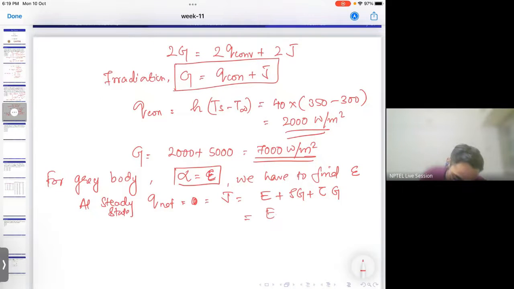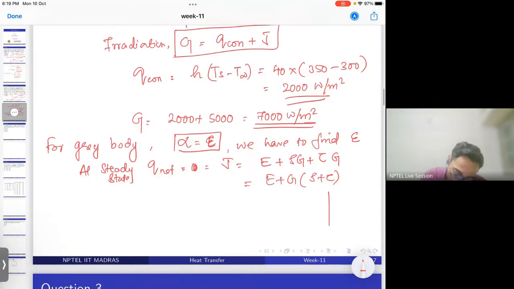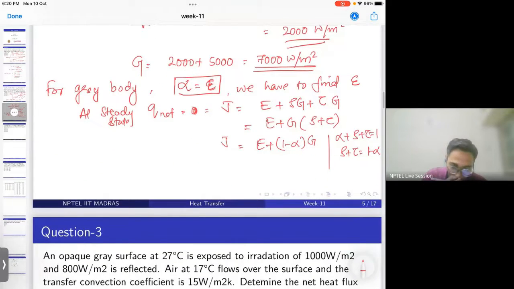So E plus G times (rho plus tau). We know alpha plus rho plus tau should be equal to 1. So reflectivity plus transmissivity should be equal to 1 minus alpha. That is, E plus (1 minus alpha) times G should be equal to J. J is already given.